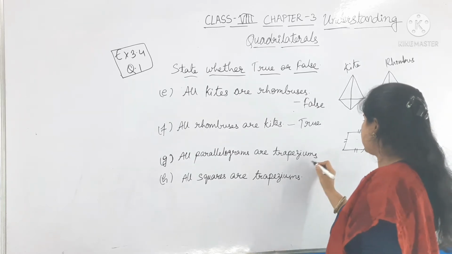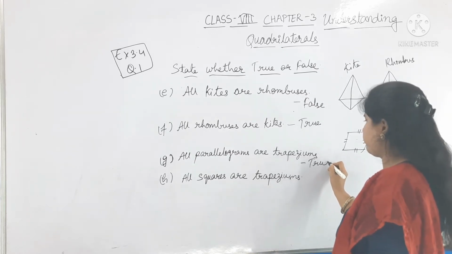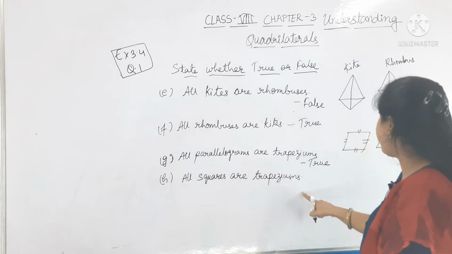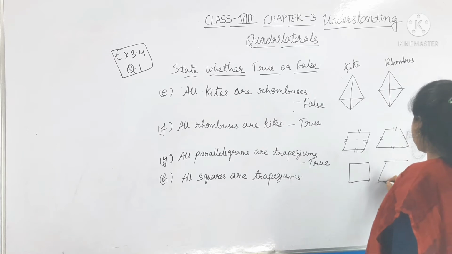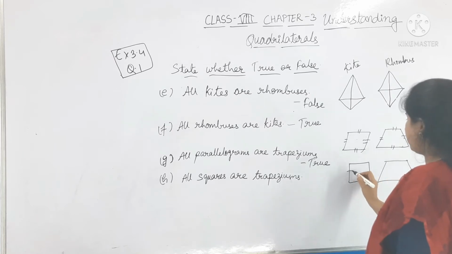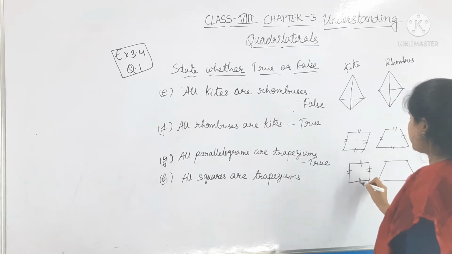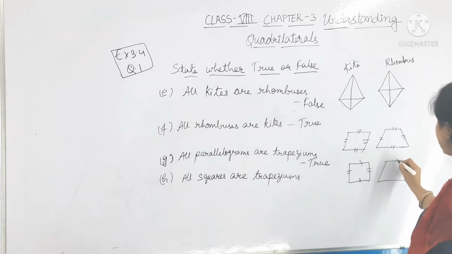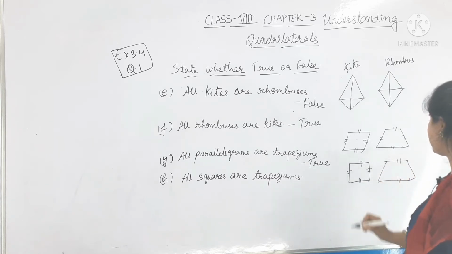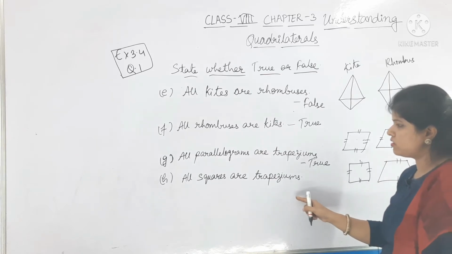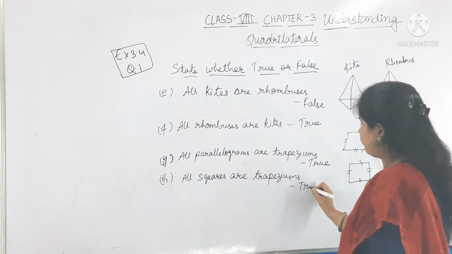So this is true. All squares are trapeziums. The same here, all four sides are equal, opposite sides are equal and parallel. So this is also true.